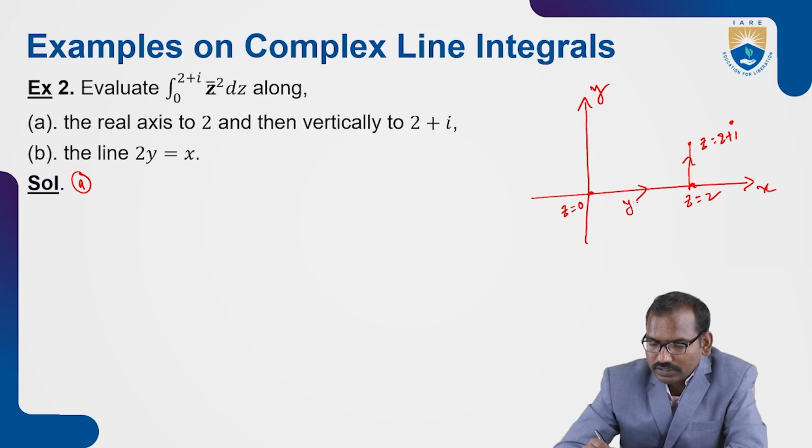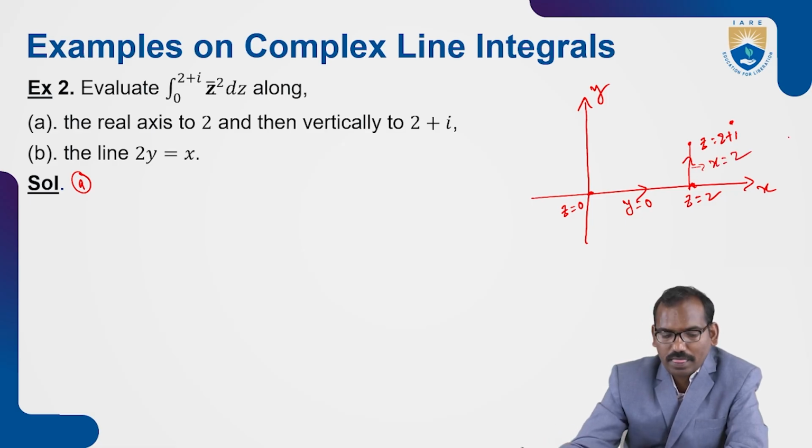This is nothing but y equals 0. And what is the name of this curve? On this curve, which is constant? x is constant. x is 2. At z equal to 2, x is 2, and at z equal to 2 plus i, the x value is also the same. Along this path, the x value is the same, which is 2.